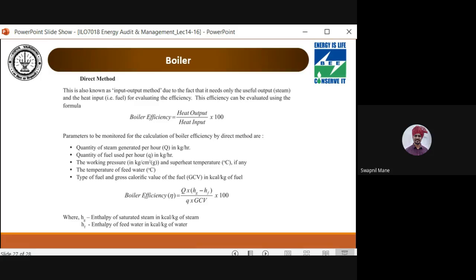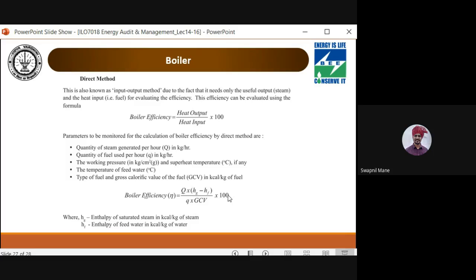So understood this. If your process heat is the heart of the industry, then go for the indirect method of boiler performance evaluation. If your utility requires steam for very nominal processes, then go for the direct method, in addition with efficiency calculation of pumps, blowers, and fans.